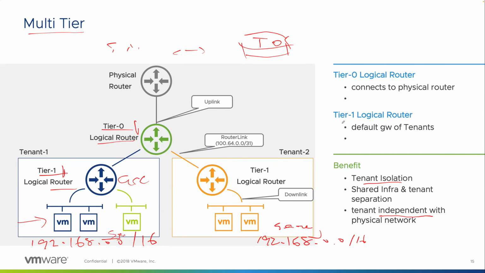Another perspective of looking at multi-tier: tier 0 logical router always connects to the physical router.